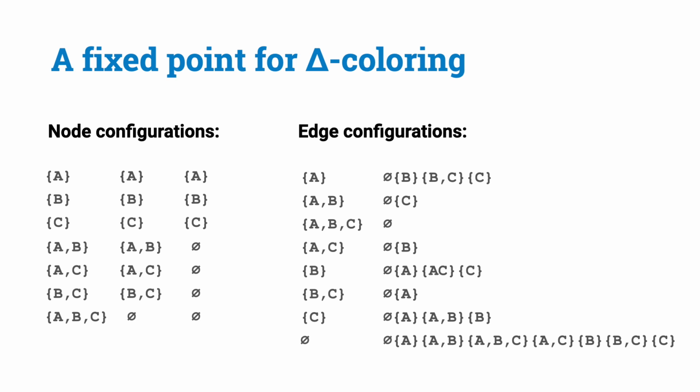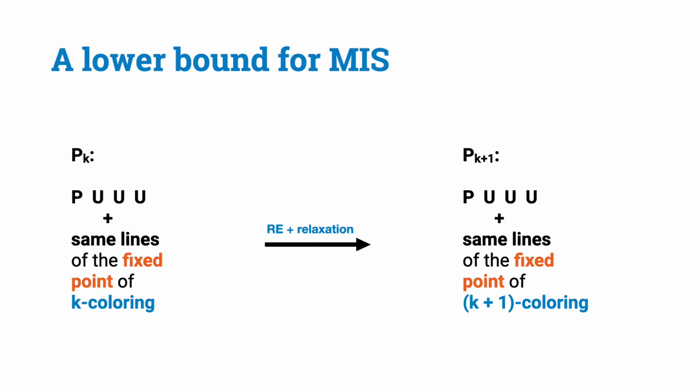I'm not going into the details here, but the idea is to define a problem where nodes may output multiple colors instead of just one, for example, outputting colors A and B at the same time. And if nodes are multicolored, then they are rewarded by allowing them to have some neighbors of the same color. For example, a node colored with both A and B may have one neighbor that also has color A.